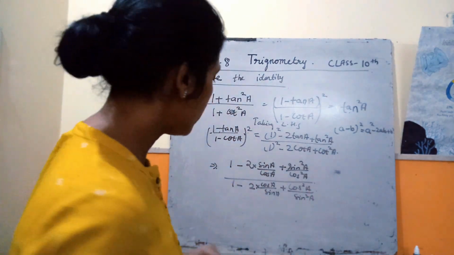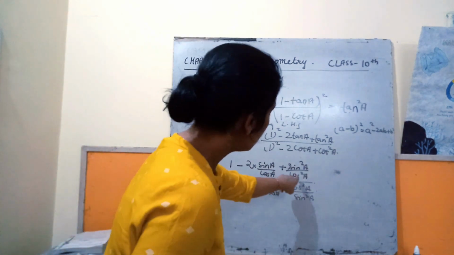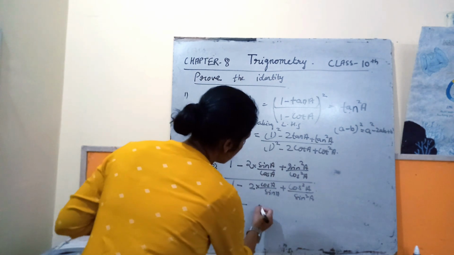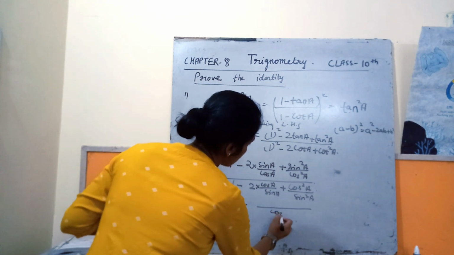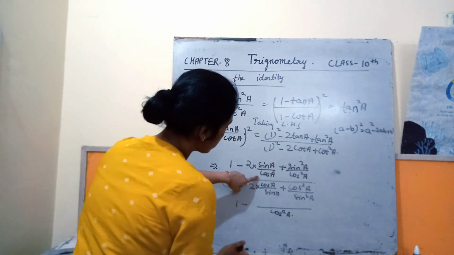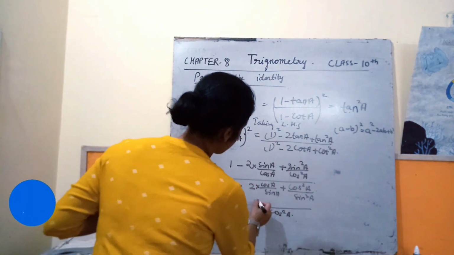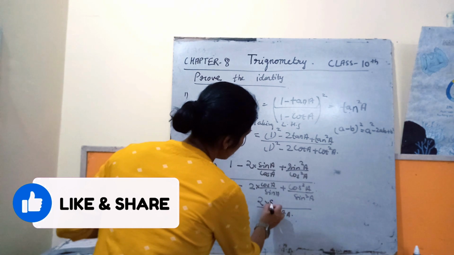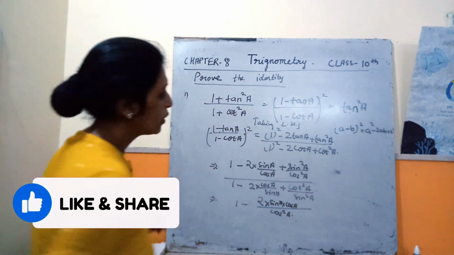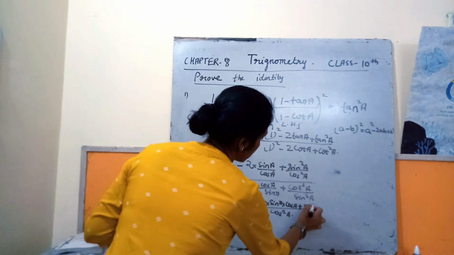Okay. Now this cos A, we will be taking the LCM as cos square A. Okay, and so in place of cos A, cos square A, since one cos A is there, we can write it as 1 minus 2 into sin A into cos A, plus sin square A. Why sin square A?